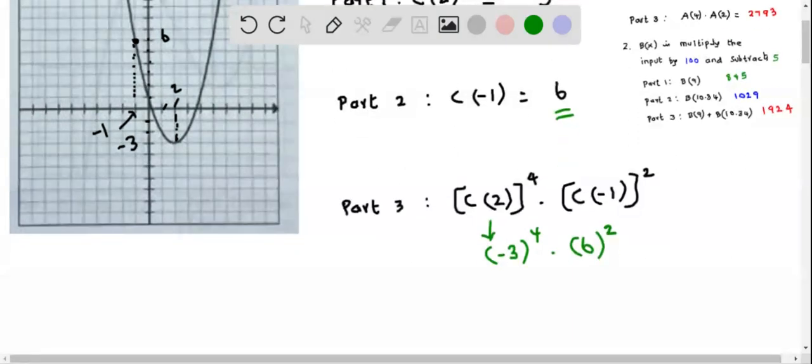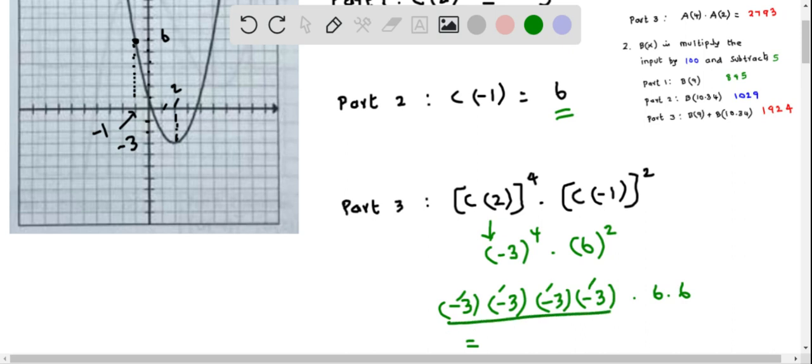And -3 raised to the power of 4 is -3 multiplied by itself 4 times. So this becomes -3 times -3 times -3 times -3, and 6 raised to the power of 2, or 6 squared, is 6 multiplied with itself twice. Negative times negative is positive, positive times negative is negative, and negative times negative is positive.